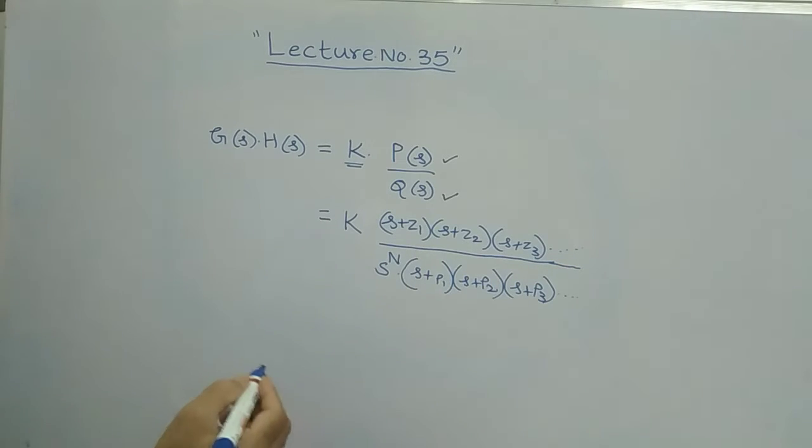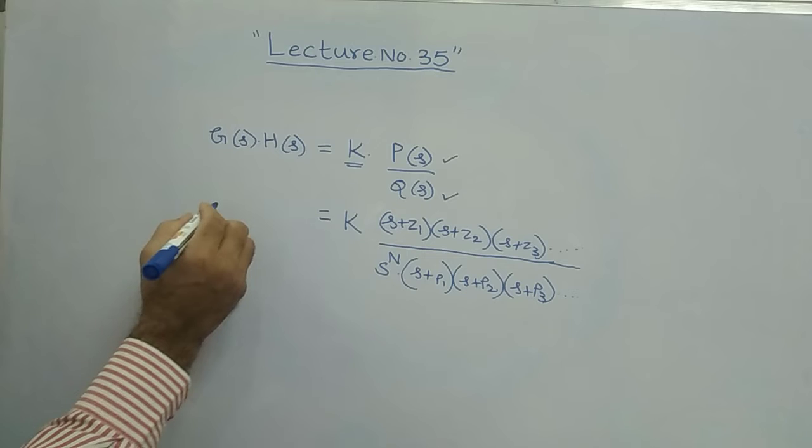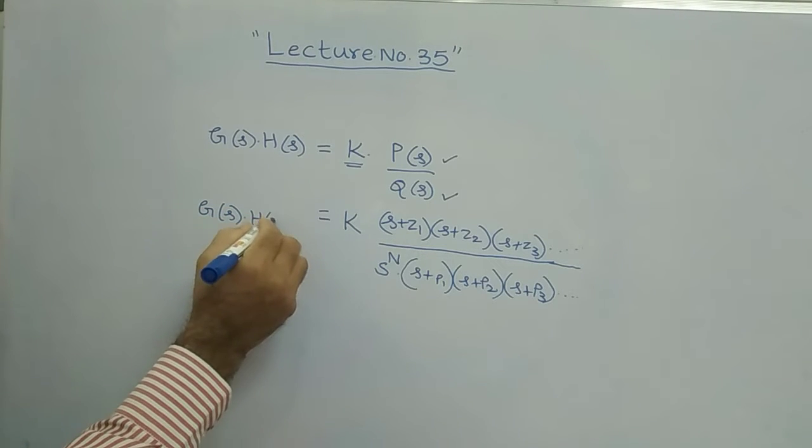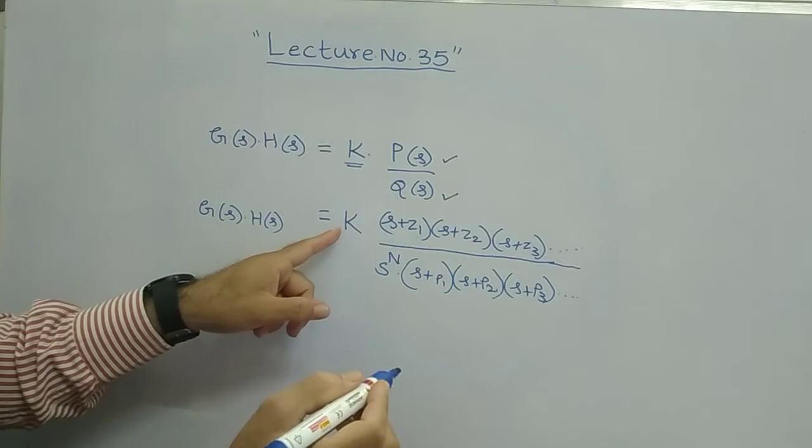This is again your G of S into H of S. Clear? So K is a constant here.